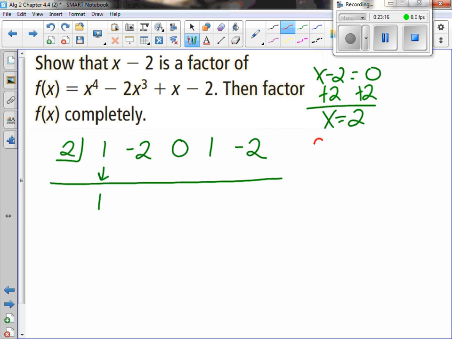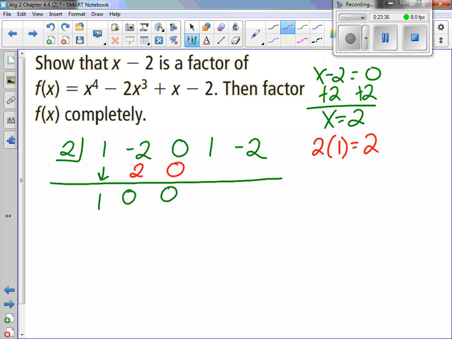Now we can multiply, and we would do 2 times 1, which would give us 2. Well, negative 2 plus 2 would be 0. 2 times 0 is 0. 0 plus 0 is 0. 2 times 0 is 0.